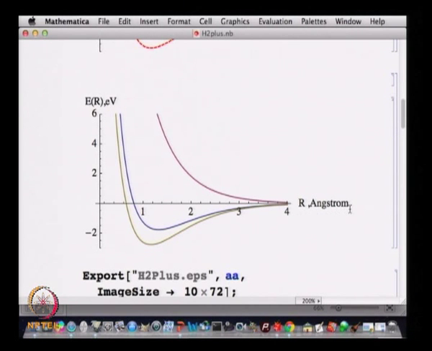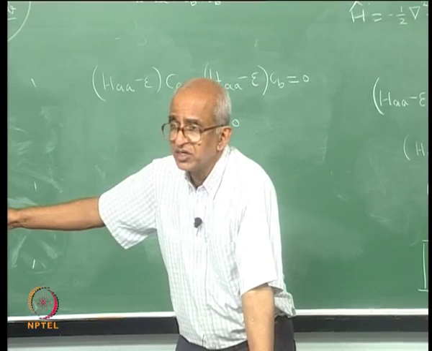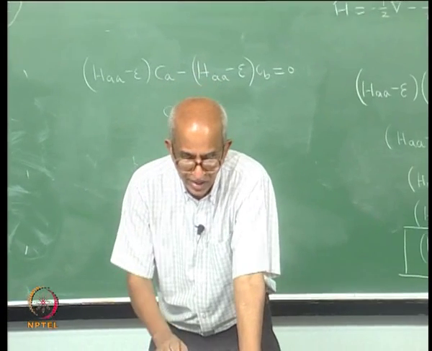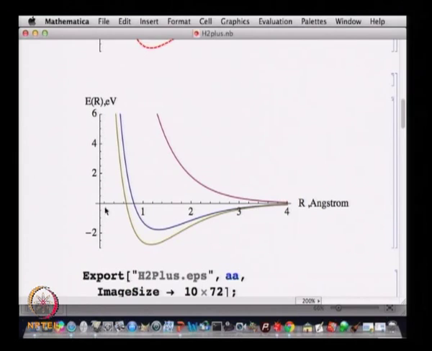So, the horizontal axis is in angstroms, the vertical axis is actually in atomic units. That means, you will take that value and multiply it by 27.2 and that is your vertical axis. Horizontal axis is not in atomic units, it is in angstroms. And then you find that you get this blue curve. What is the blue curve?